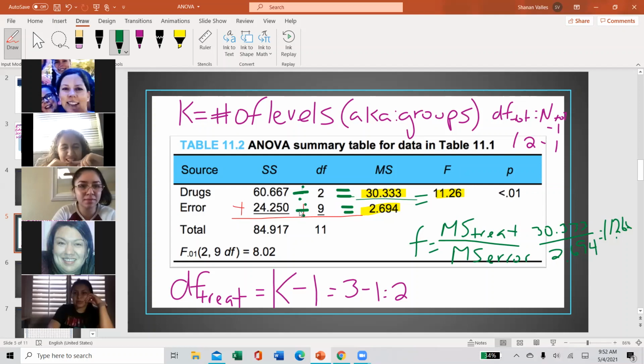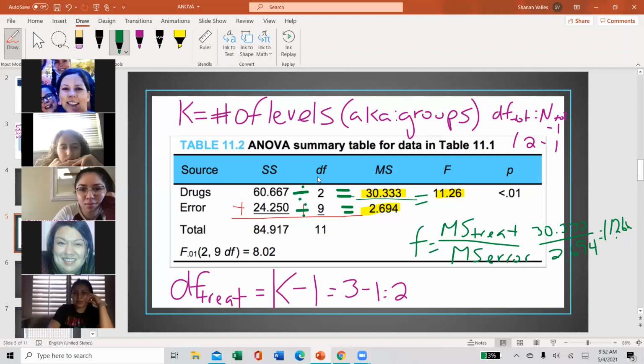Being in class is so much easier. As we calculate it, we get SS error and SS treat and plug them in, write the numbers down, and add them up. Once you see it already typed out, it loses something. If you did it on your own, you'd see where it comes from.